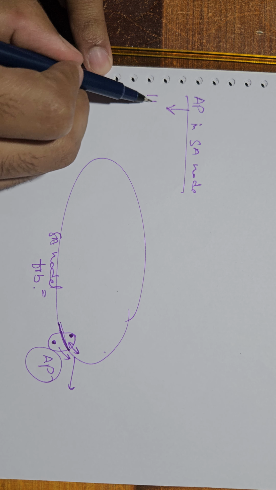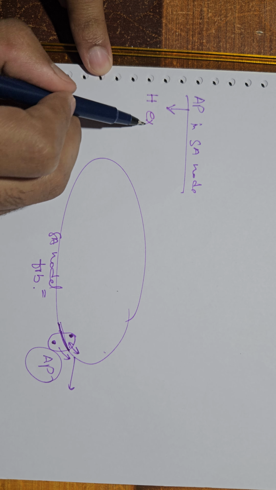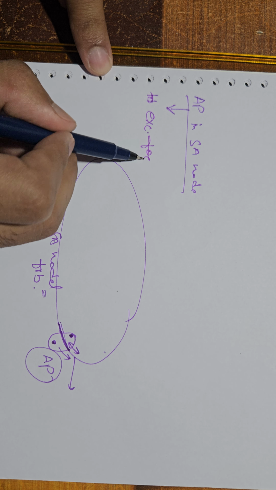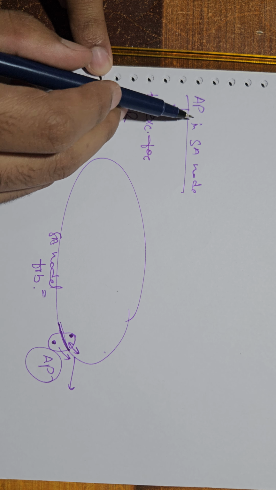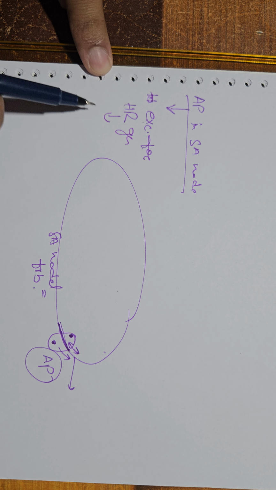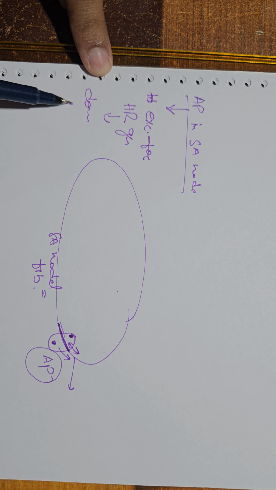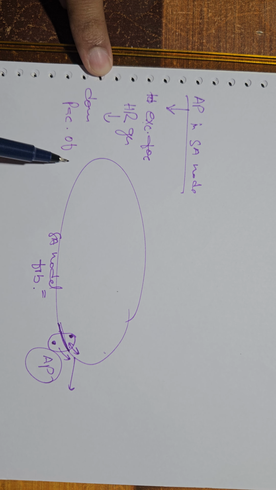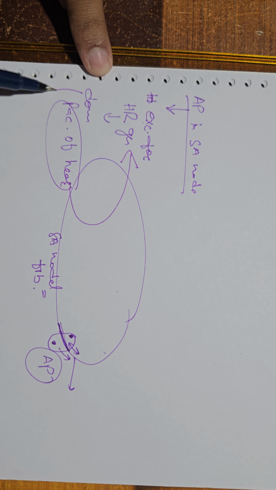It is important. Action potentials in SA node are exclusively for heart rate generation. That is why SA node is known as the dominant pacemaker of the heart. Why pacemaker of the heart? Because it generates heart rate. And why dominant?